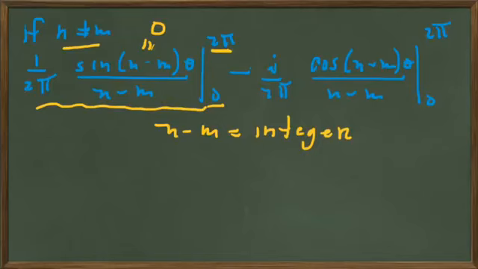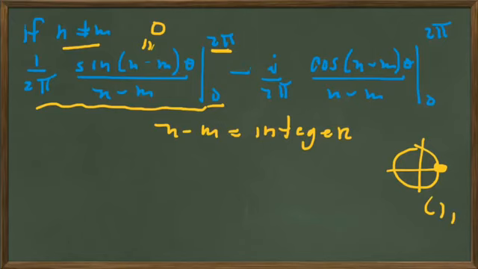For this next term over here, the cosine term, when we plug in 2 pi, we have an integral multiple of 2 pi. Recall that cosine of 2 pi is 1, right on the unit circle. Cosine of a multiple of 2 pi is right here, and cosine of 0 is also the same place.